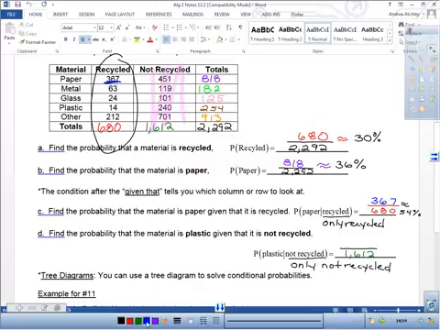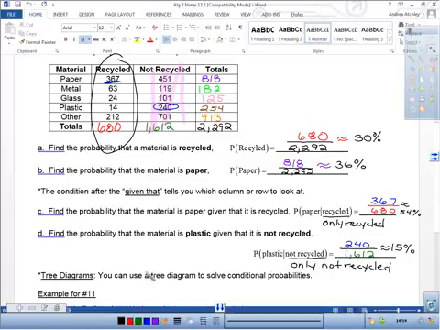In here, plastic is the 240. So it's 240 divided by 1,612. Okay, what do we get for that? 14.8. 15%. No, it's 14.8. Okay, we're rounding to the nearest whole percent. In your homework, I think it tells you to round to the tenths percent. So you could put 14.8 there, okay?